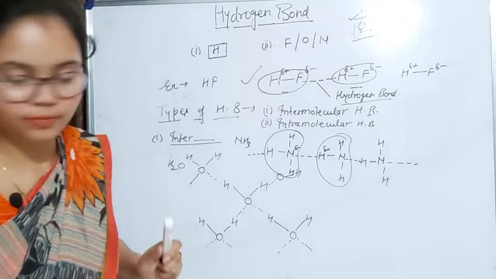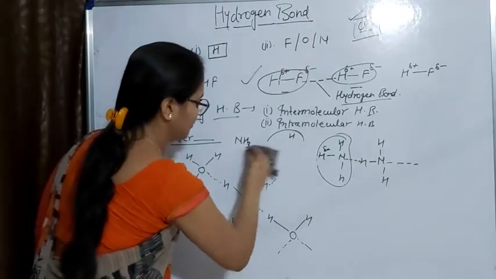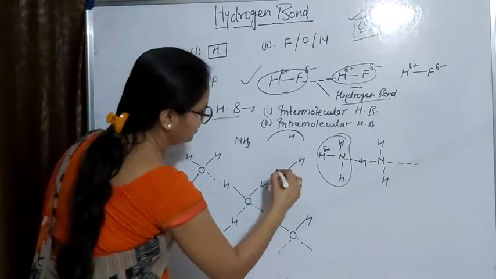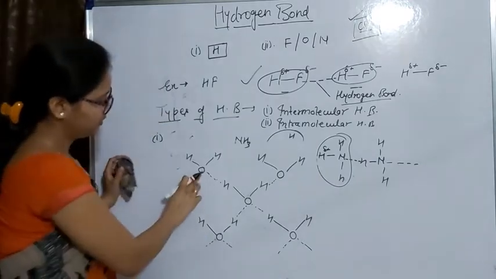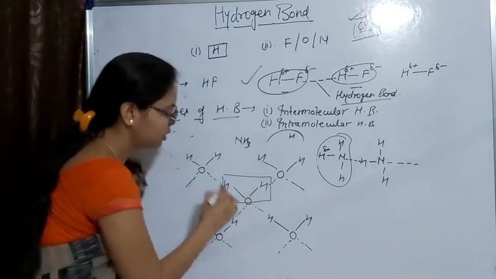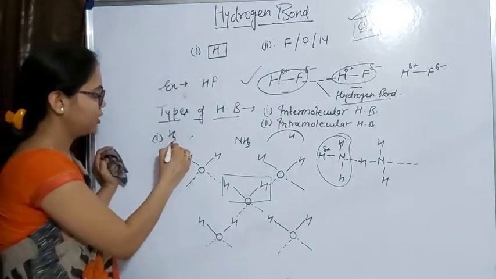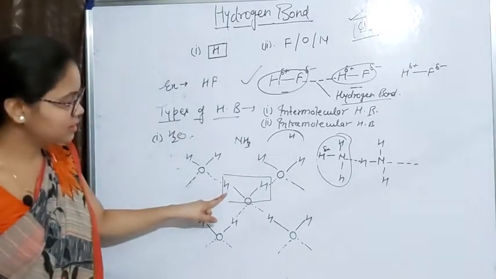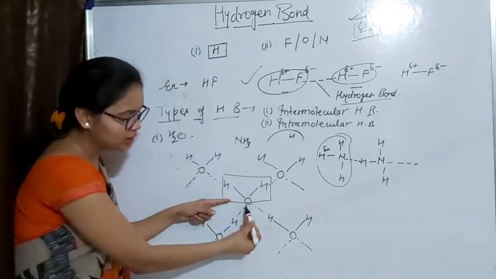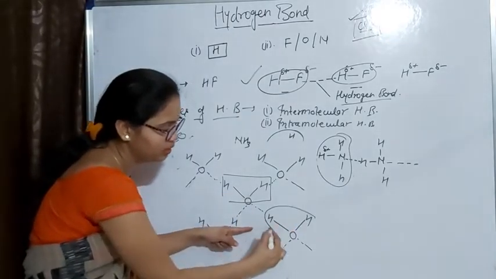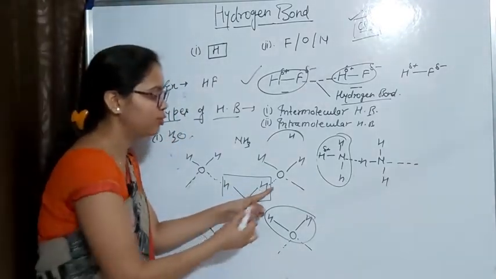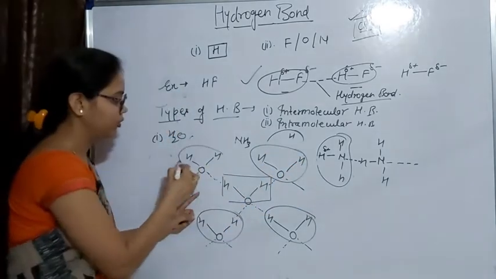Let's take one more example, H2O. You can see here this is one molecule of water, H2O. In this one molecule of water, oxygen is forming two hydrogen bonds with two different molecules of water, and the two hydrogens are also forming hydrogen bonds with two other water molecules.